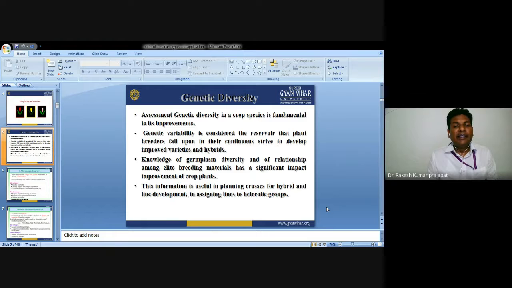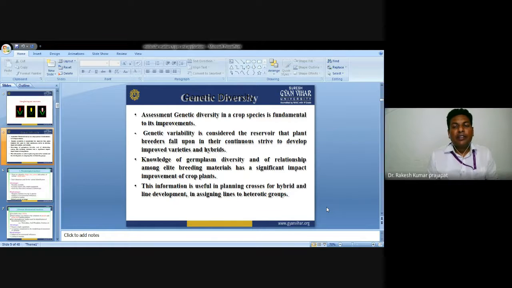Genetic variability is considered a reservoir that plant breeders fall upon in their continuous strive to develop improved varieties and hybrids. This variability among different genotypes is used for crop improvement through different crossing and hybridization patterns.